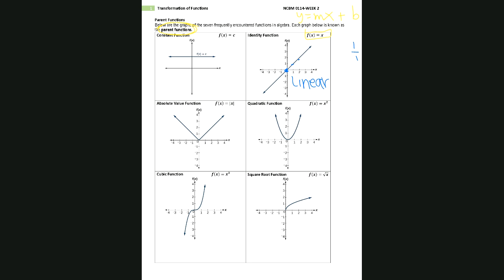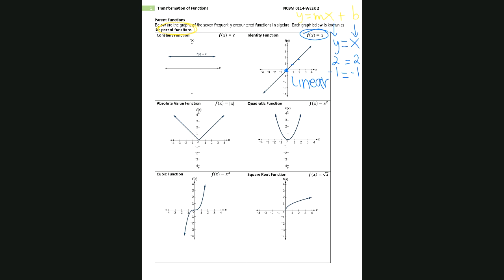So if I rewrite this form, instead of f of x, I replace it with a y, and I say y equals x. You can see that the input, or the independent variable, which is x, will always equal the output, or the dependent variable, which is y. In other words, if x is 2, y will also be 2. If x is -1, the y will be -1.